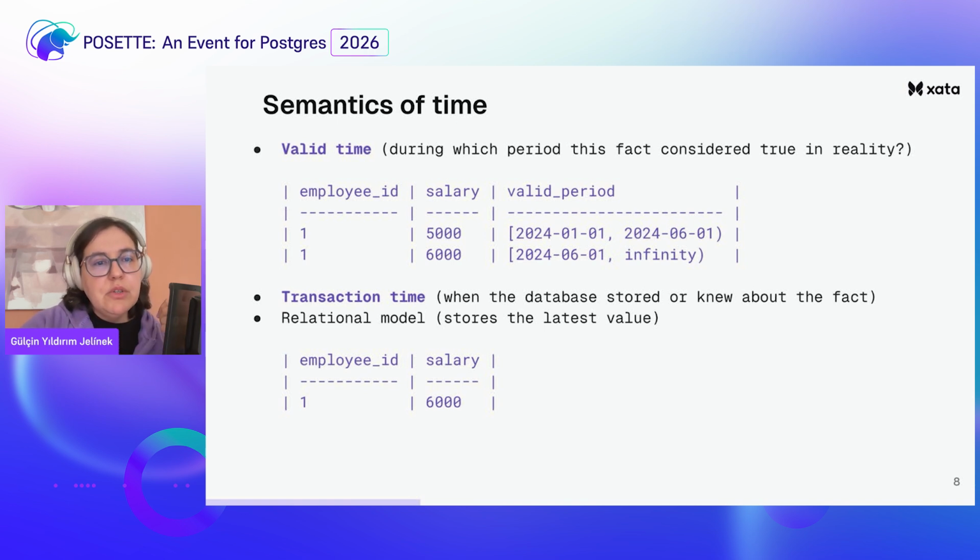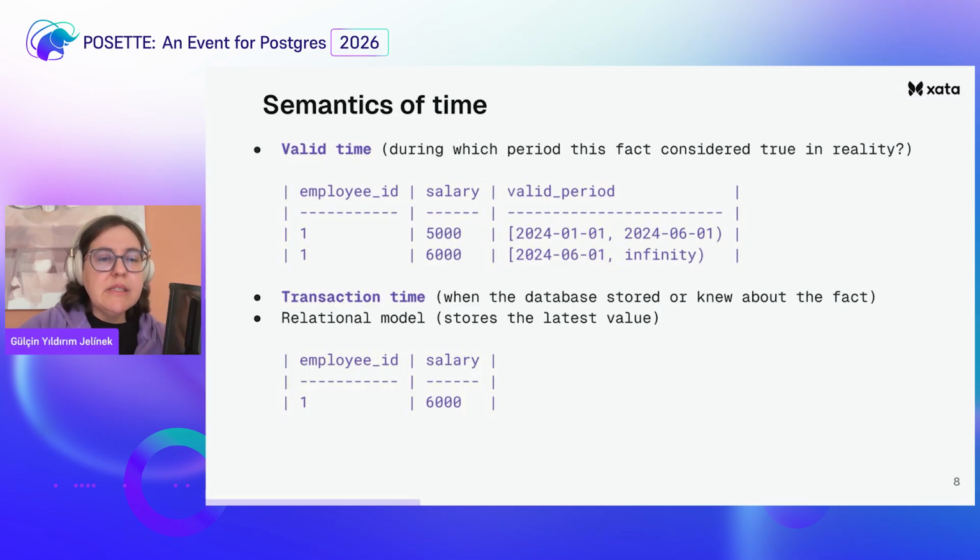The first, valid time, refers to when something is considered true in reality, so the fact is true for the business domain. I put an example here to make it easier to understand. Imagine there's an employee salary table. An employee's salary was 5,000 from January to June 1st, and on June 1st the salary became 6,000, with no upper bound limit, so it's unbounded.